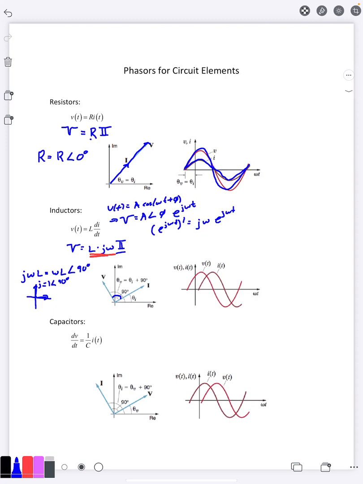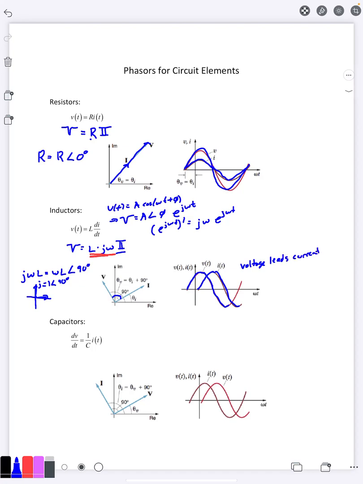So the graphs are no longer going to be in sync. The voltage is going to reach its maximum before the current reaches maximum, and the voltage is going to reach its minimum before the current reaches its minimum. So we say the voltage leads the current.